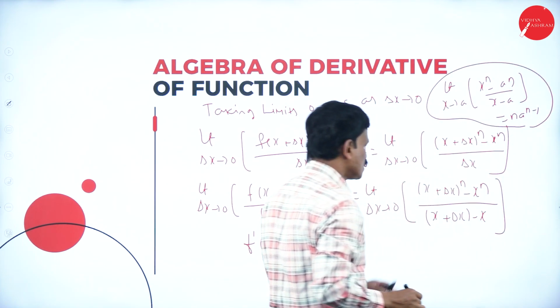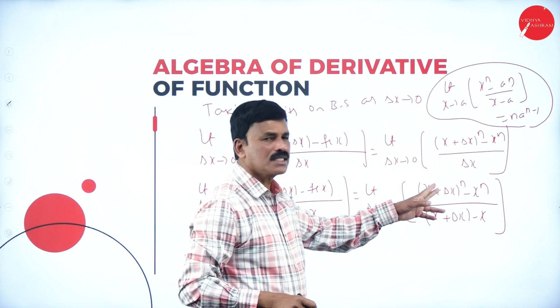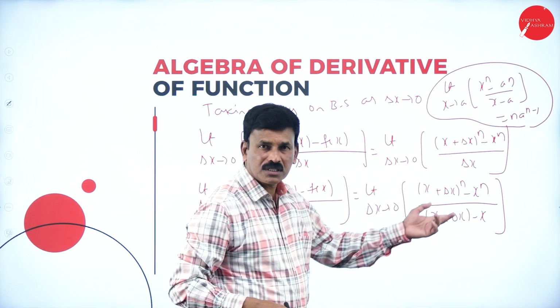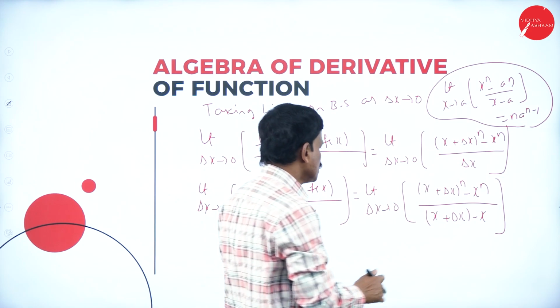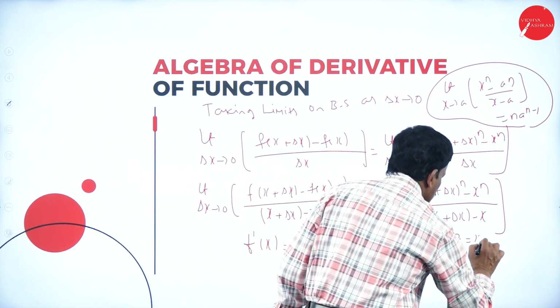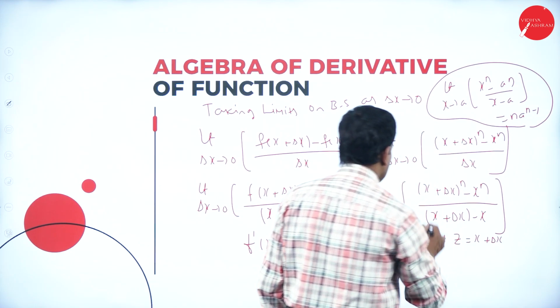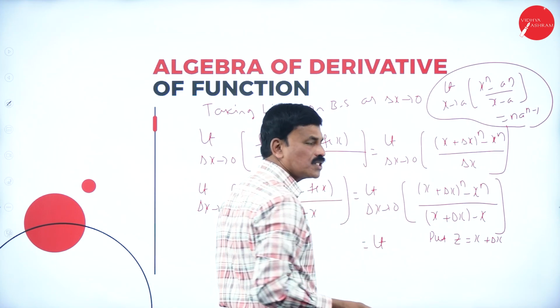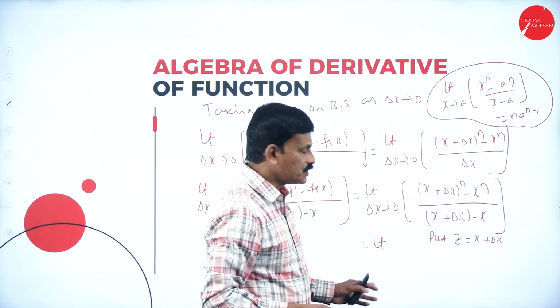So, using the concept, if you put x plus delta x is equal to z, then this limit becomes limit. Whenever substitutions are taken, the value of limit also changes.